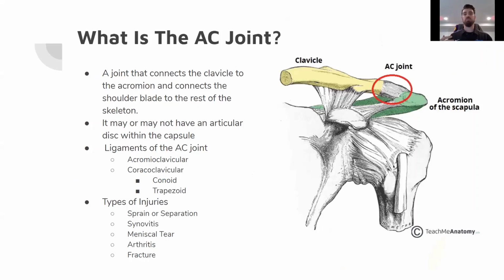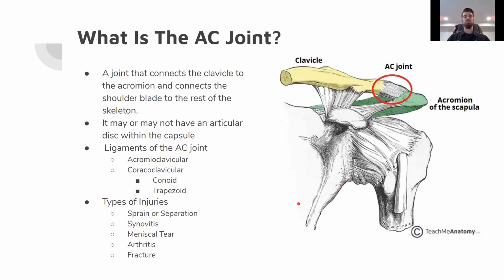Literally, your shoulder blade is attached to the rest of your skeleton through this joint, through the acromion, which connects on the clavicle, which then connects onto your sternum. The AC joint itself may or may not have an articular disc with the capsule, and the ligaments of the AC joint, if we narrow them down, are the acromioclavicular ligament and the coracoclavicular ligaments, with the conoid and trapezoid branches.